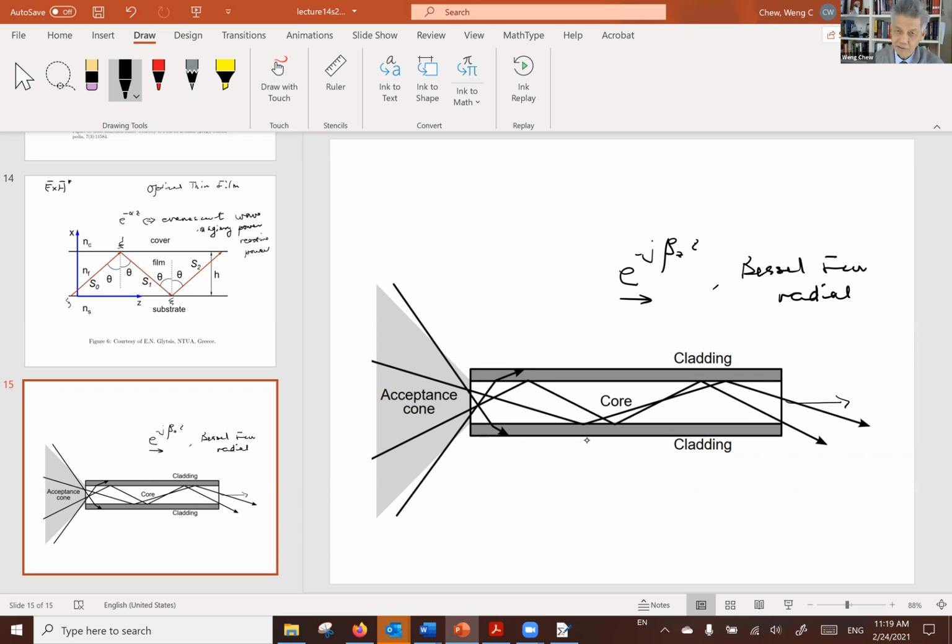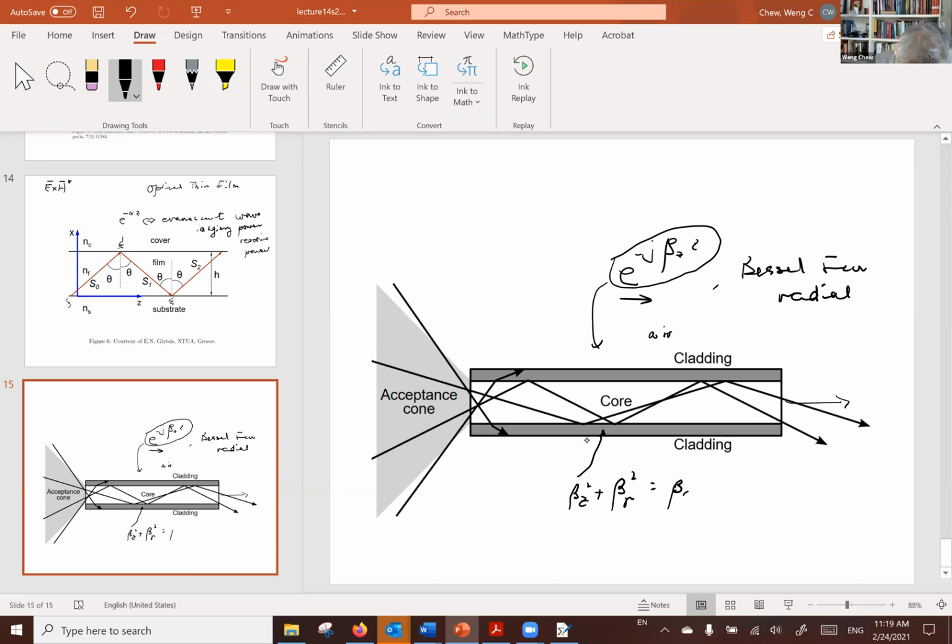Again, due to phase matching, all the waves in all the different regions, the cladding, the core, and the air, all have to have the same kind of dependence for phase matching to occur. Because of that, they have different dispersion relationships. In the cladding, you might have beta z squared plus beta r squared, where the radial wave number is beta r squared, equal to beta c squared.